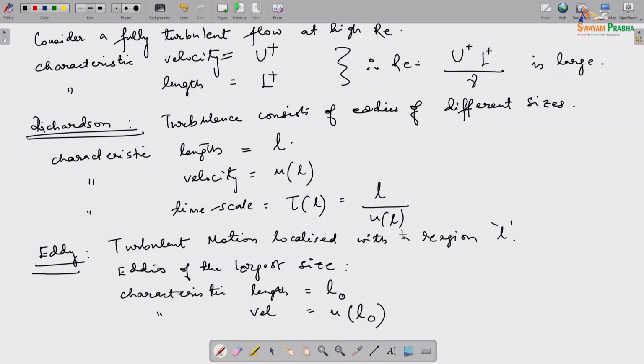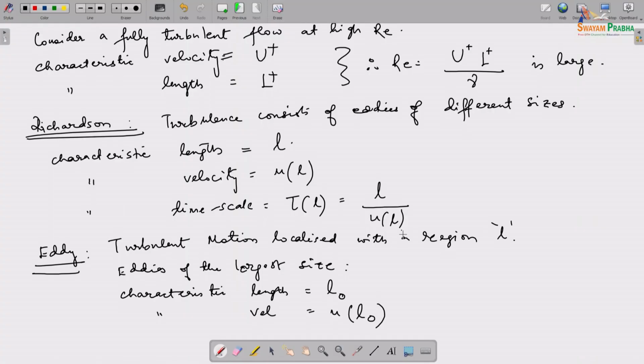If I take turbulent flow and hold it up in a small place, then it becomes an eddy. Now, how small, how big, what is the reference frame? So, for eddies of the largest size, the characteristic length is L naught and the characteristic velocity is this. Let me write this, and we shall discuss this in the next class.